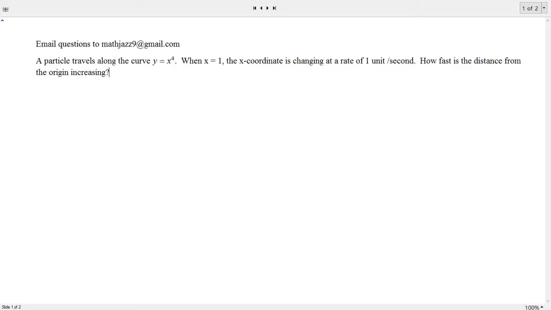So we have to come up with an equation that represents distance from the origin. The distance between a point (x, y) and the origin is going to equal the square root of x squared plus y squared.